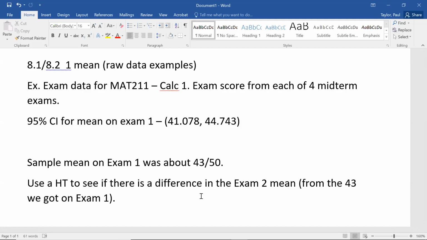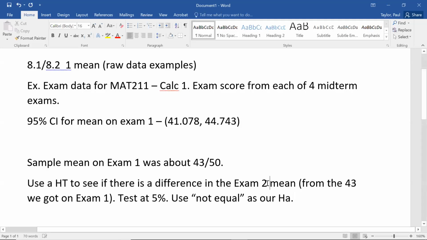So we should have a testing level. Let's test at 5%. And we also need an alternative hypothesis. We'll use not equal as our alternative hypothesis, HA, because I have no reason to expect exam 2 to be higher or lower.